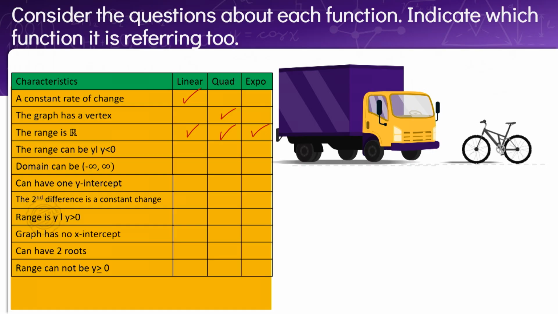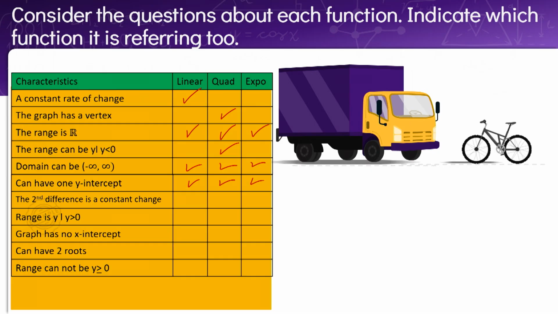The range can be y such that y is less than 0. Which one did we say that? Yes. Domain can be from negative infinity to positive infinity. We are saying that can be all of them. Can have one y-intercept, and that is, again, all of them.